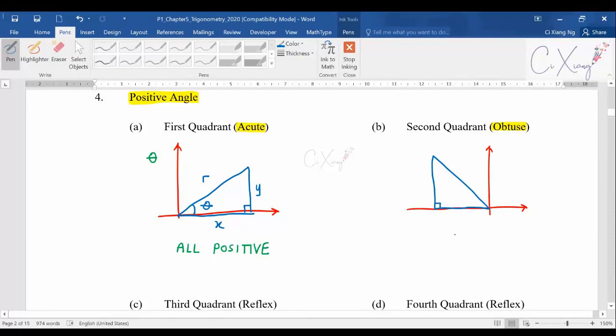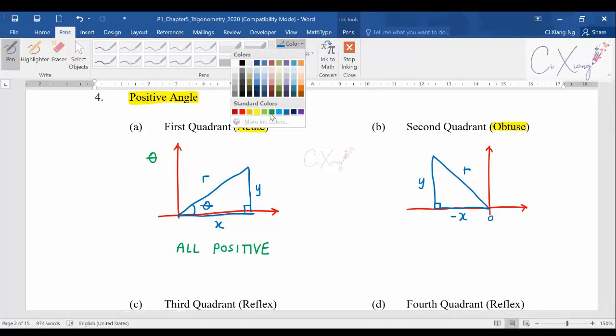This is the 90 degree. Again, this is R, this is negative X, this is the value of Y. Negative X is because if you refer to the value of X on the Cartesian plane, going to the left-hand side from 0, X should be a negative value.